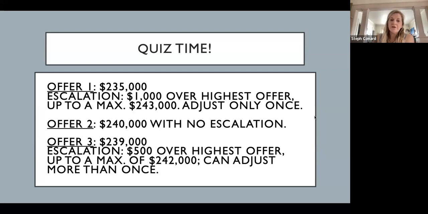We've got another offer, offer number two, no escalation clause, just a straight purchase price of $240. Offer number three is $239 with an escalation of $500 over the highest offer up to $242, and you can adjust it more than once. So right now it shows that we've got the highest offer, initial offer price of $240. With these other offers that have come in, we can maximize this purchase price and get it higher.